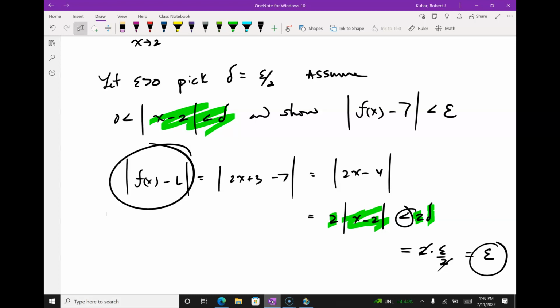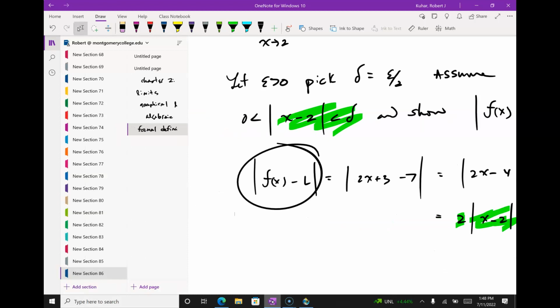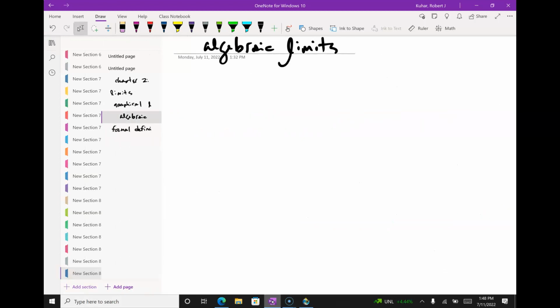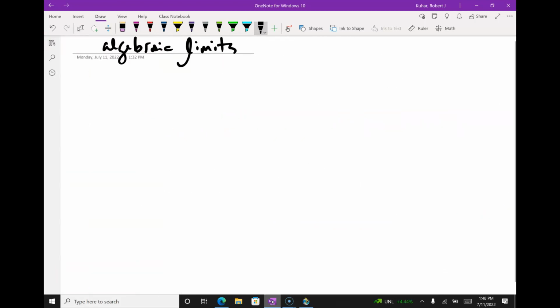All right, I want to do some algebraic limits. I have to do numeric limits, and I have to look at when limits do not exist. Here we go, algebraic limits. Let's look at the first one. Let's look at f of x equals x squared minus 4 over x minus 2. Where is this limit interesting? Yeah, 2.